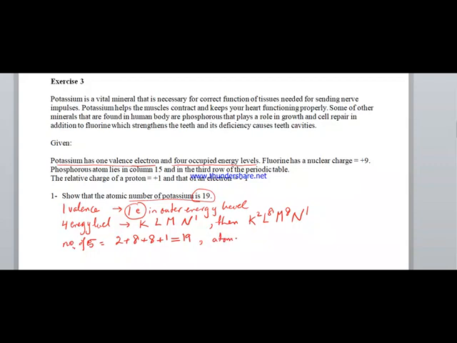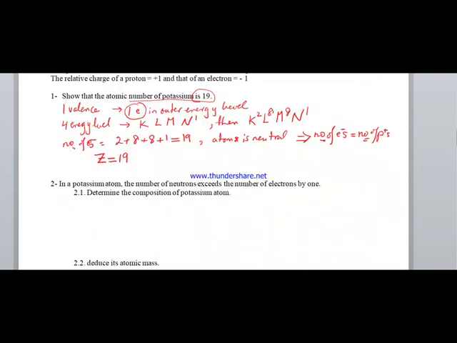Since the atom is neutral, this means the number of electrons equals the number of protons. Then we write the answer as follows: number of electrons equals number of protons, so it is equal to the atomic number Z, which is equal to 19. So we prove that potassium has an atomic number 19.